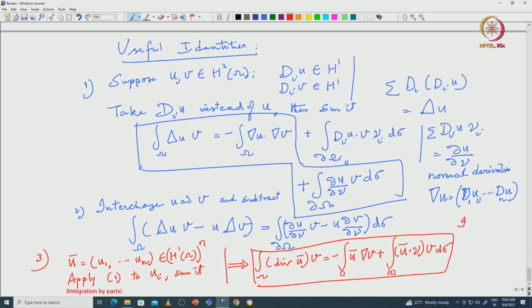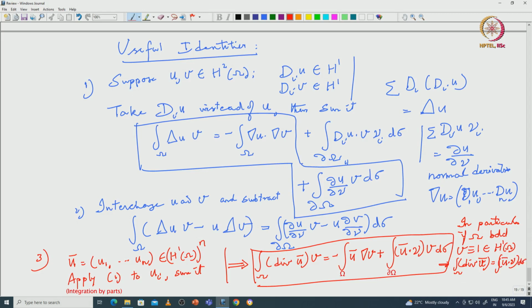In particular, as a last comment, if omega is bounded, then v identically 1 is in H1, and that will imply the integral over omega of the divergence of u bar is equal to the integral of u bar dot nu over the boundary of omega.